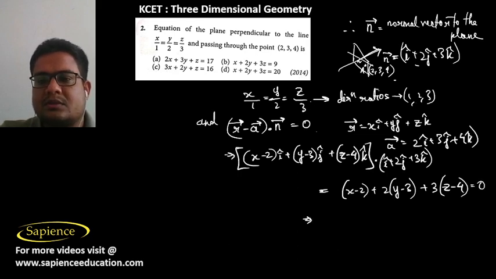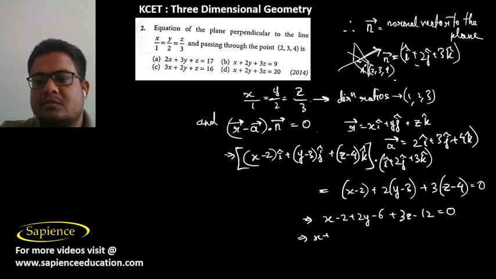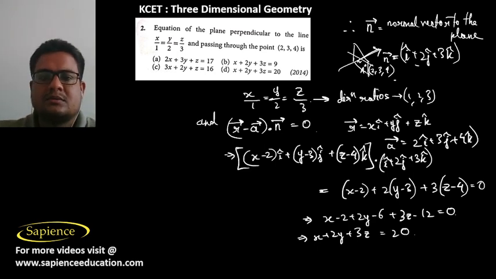Therefore x minus 2 plus 2y minus 6 plus 3z minus 12 equals 0. Therefore x plus 2y plus 3z is equal to 2 plus 6 plus 12, that is 20. Option D is the correct answer.